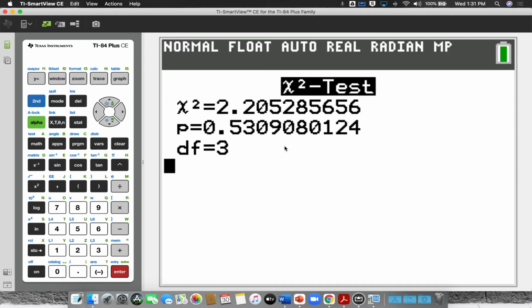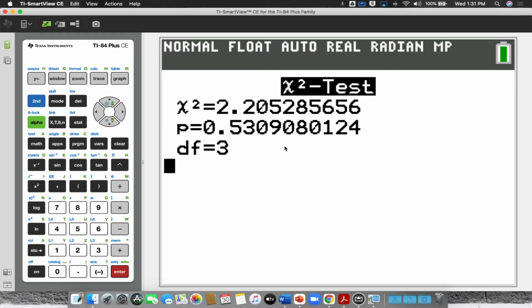The p-value is 0.52309. Okay. And then degrees of freedom are 3. I didn't tell you how they got 3, but I'll show you. It's really easy.